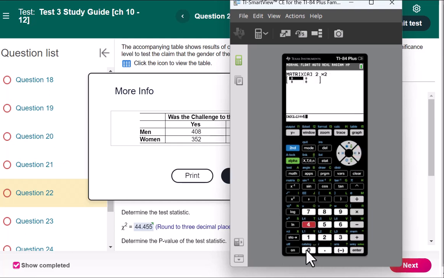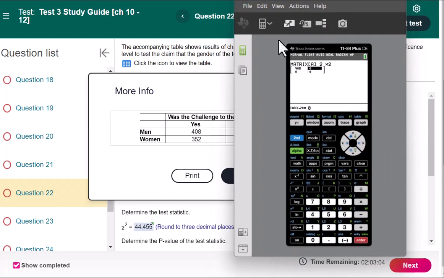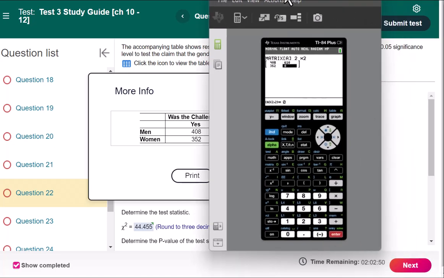So I got 408. Enter. What was the other number? 610. Enter. 352. Enter. And what's the last one? 952.